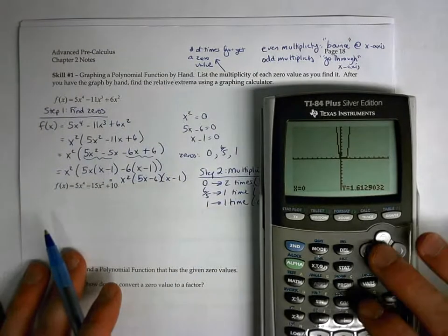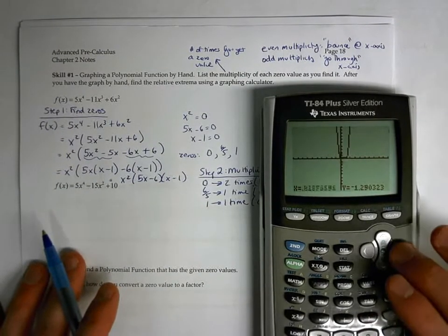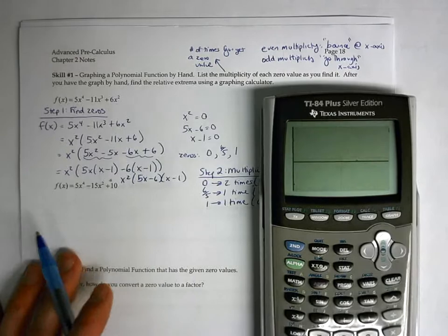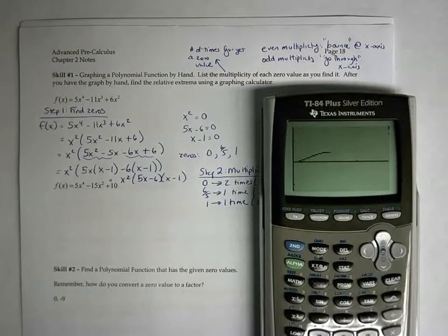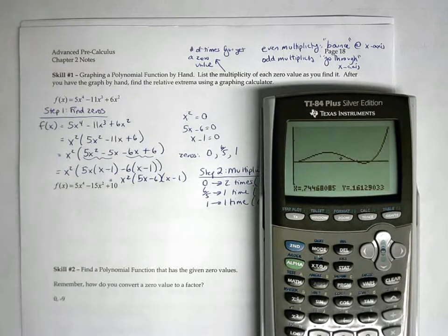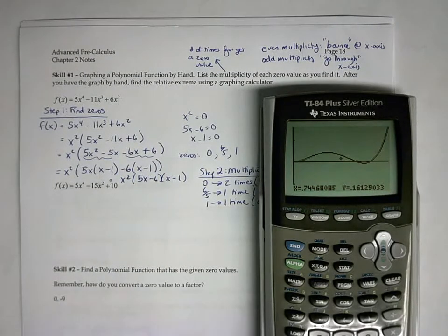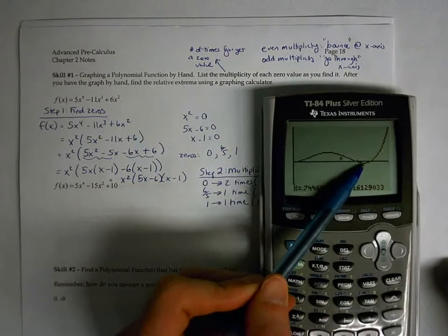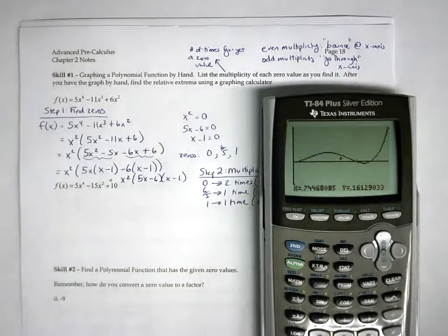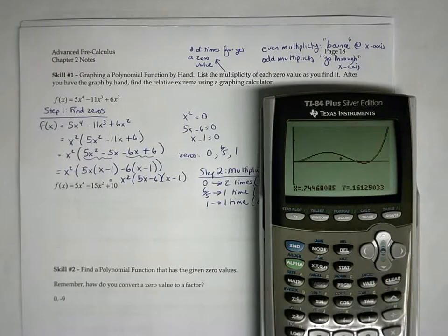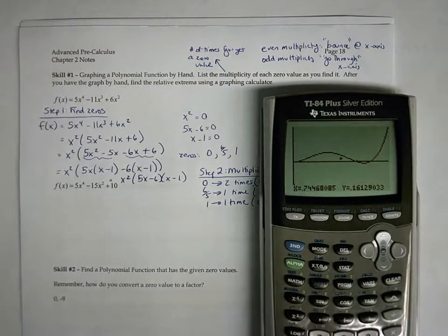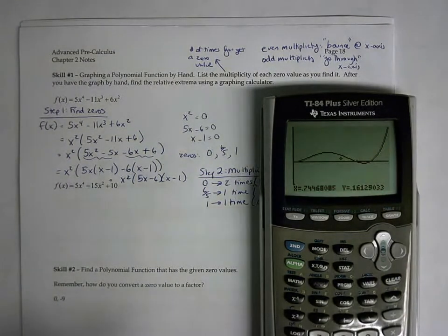So I'm going to draw a box a little bit after 0 and before the 6/5. There we go. Here are my two relative extrema that I'm trying to find. And you can see with this x to the 4th function, they are so close to that x-axis.